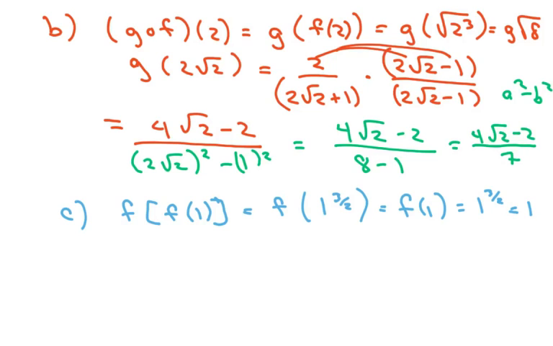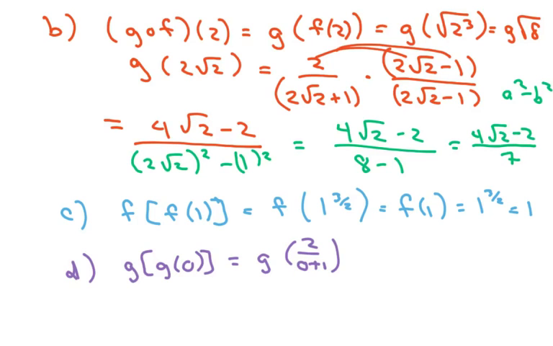And then for D, we get g of g of 0, which equals g of 2 over 0 plus 1, which equals g of 2, which equals 2 over 2 plus 1, which equals 2/3.